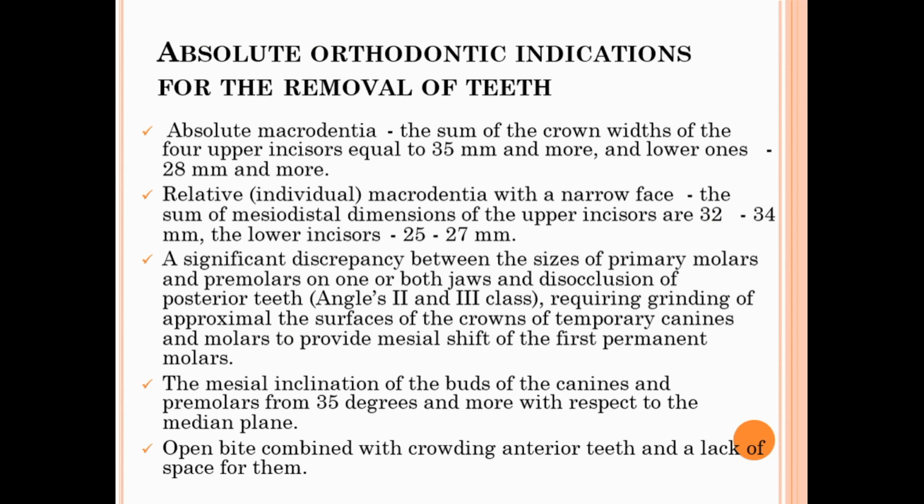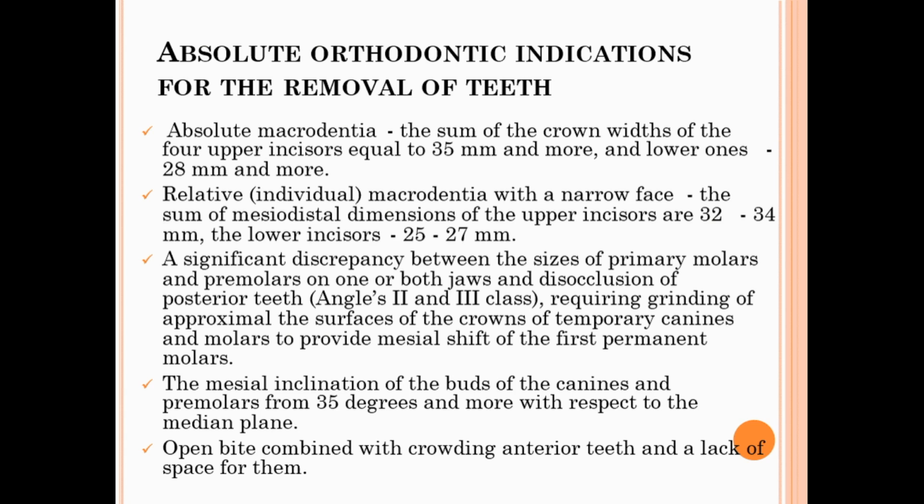Relative individual macrodentia with a narrow face. The sum of measured distal dimensions of the upper incisors is 32 to 34 millimeters. The lower incisors 25 to 27 millimeters.